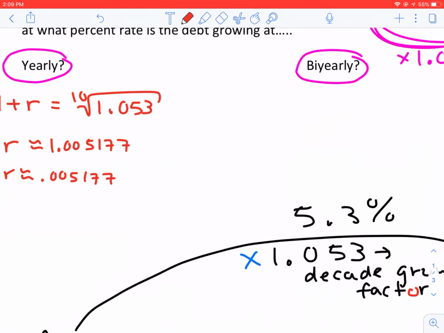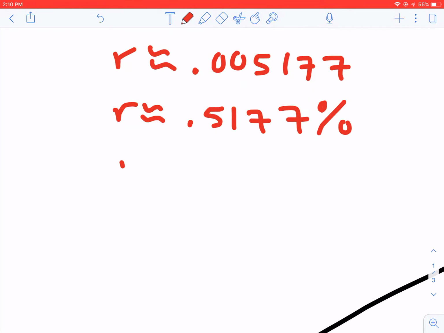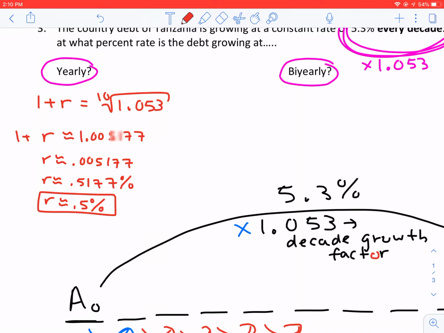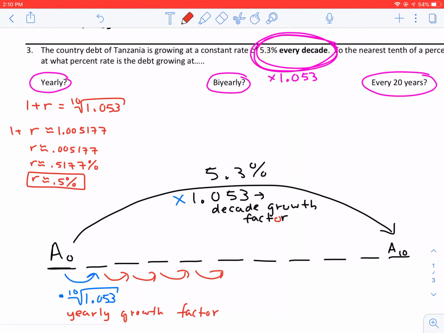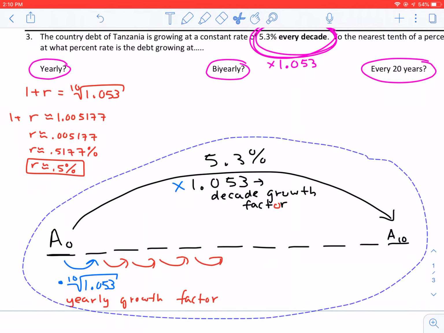Alright, again, we're not rounding this, we're rounding the percentage. So as a percentage, that is about 0.5177%, or about 0.5% if we're rounding. Right, so that is our yearly growth rate. Each year we're growing by 0.5%.